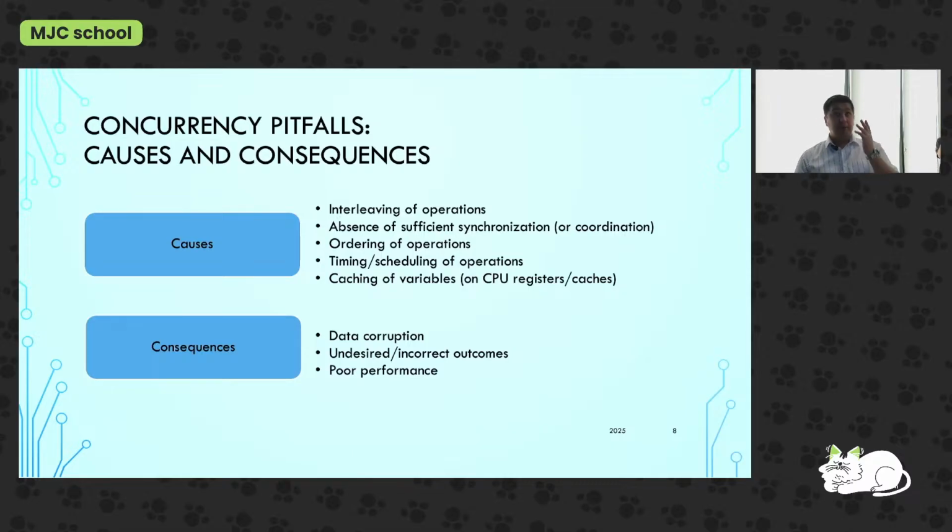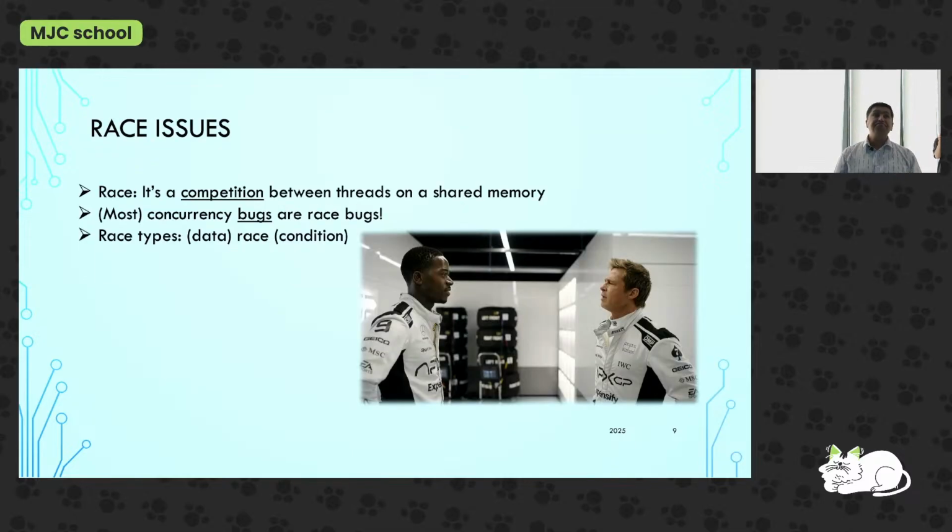For example, the JVM may optimize and cache those shared variables. The CPU and the operating system can cache them in registers and caches L1, L2, and everyone knows that, right?